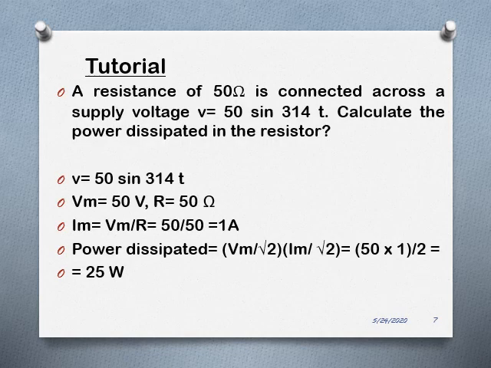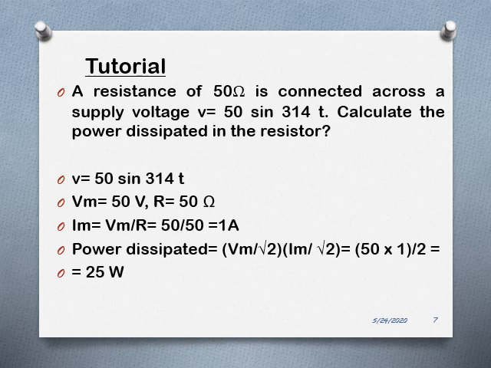So now let's see a tutorial question for a purely resistive network. The question says, a resistance of 50 ohm is connected across a supply voltage v equal to 50 sin 314t. Calculate the power dissipated in the resistor. So v equal to 50 sin 314t is nothing but v equal to Vm sin omega t.